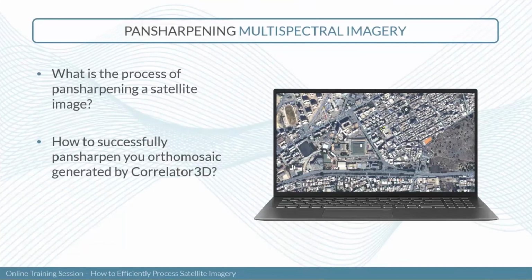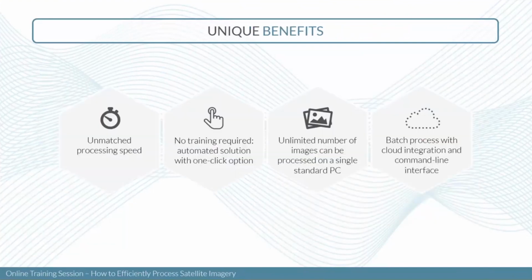So again here, Correlator3D can bring you some unique benefits. The goal here is that Correlator3D has unmatched processing speed. It is known to be one of the fastest solutions on the market. We also have different options for many types of users.